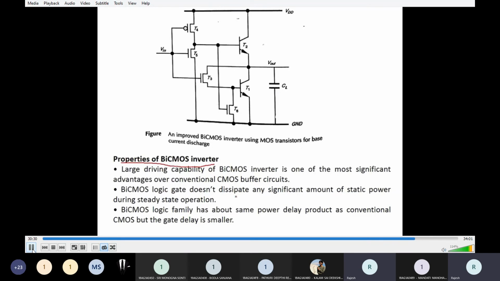BICMOS logic gate doesn't dissipate any significant amount of static power during steady state operation. BICMOS logic family has about the same power delay product as conventional CMOS, but the gate delay is smaller. So like this we have alternate BICMOS inverters also.